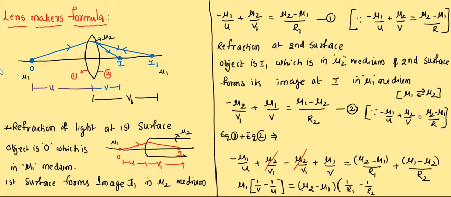This is equation 3. We know that with U the object distance and V the final image distance, 1 by V minus 1 by U is equal to 1 by F.